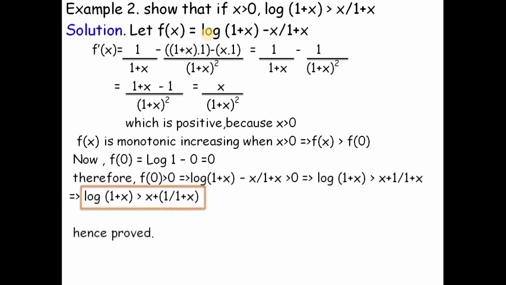We have f(x) as log(1 plus x) minus x upon 1 plus x. By moving x upon 1 plus x to the right side, we get our answer, log(1 plus x) greater than x upon 1 plus x. Hence we prove this inequality.